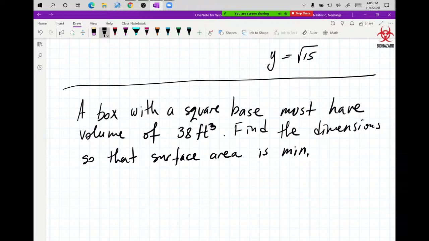Now, can anyone tell me why we want to minimize the surface area of the box while making sure that it always remains 38 feet cubed? And then you'd have to create less box material.